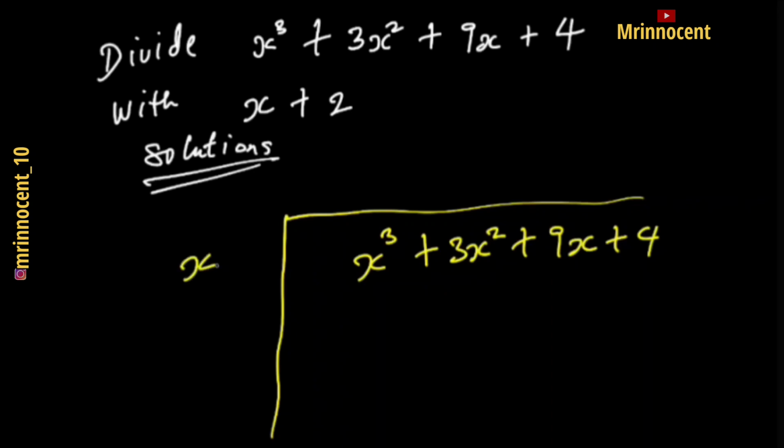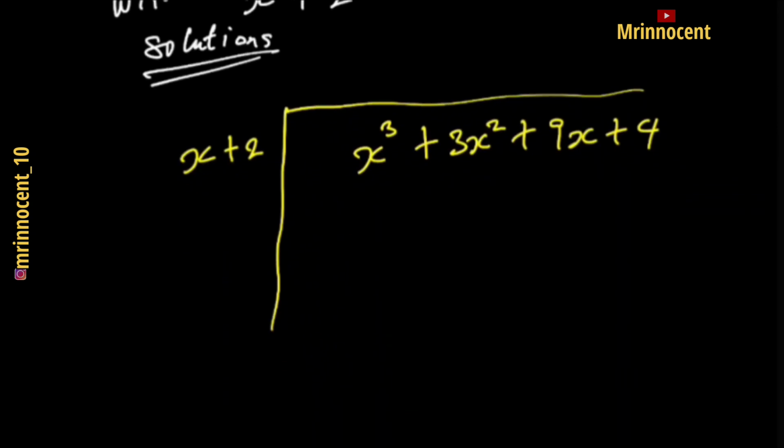You divide it with x plus 2. So x divided by x raised to the power 3 is x raised to the power 2. x raised to the power 2 times x is x raised to the power 3. x raised to the power 2 times 2 is plus 2x raised to the power 2.